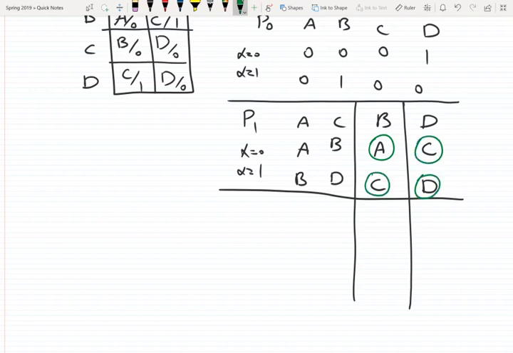So of course they are in the same partition, the same block. What about A and B? A and B are not in the same block. What about B and D? B and D also are not in a single block.